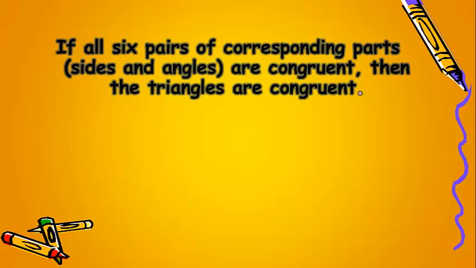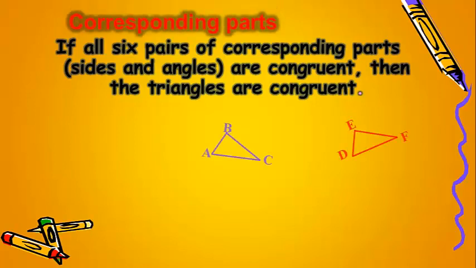If all 6 pairs of corresponding parts, that is 3 sides and 3 angles, are congruent, then the triangles are congruent. Now what are corresponding parts? Let us take an example of triangles ABC and DEF.